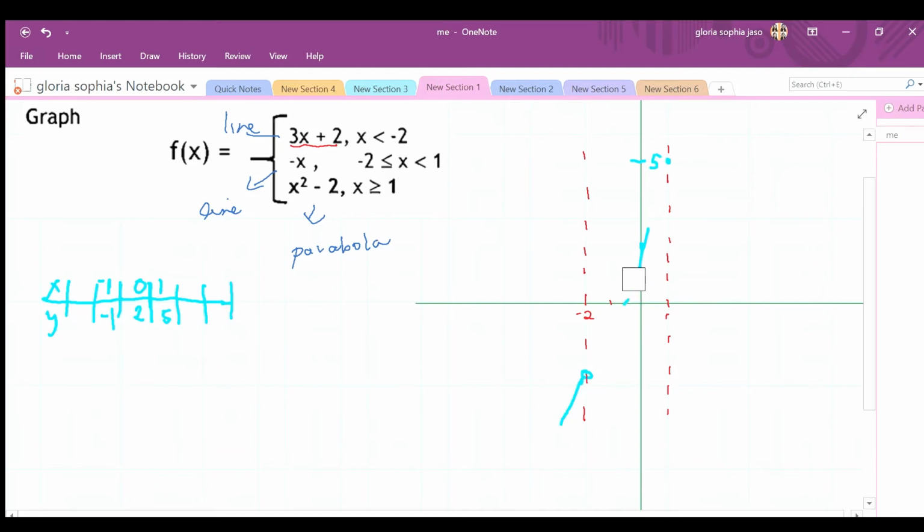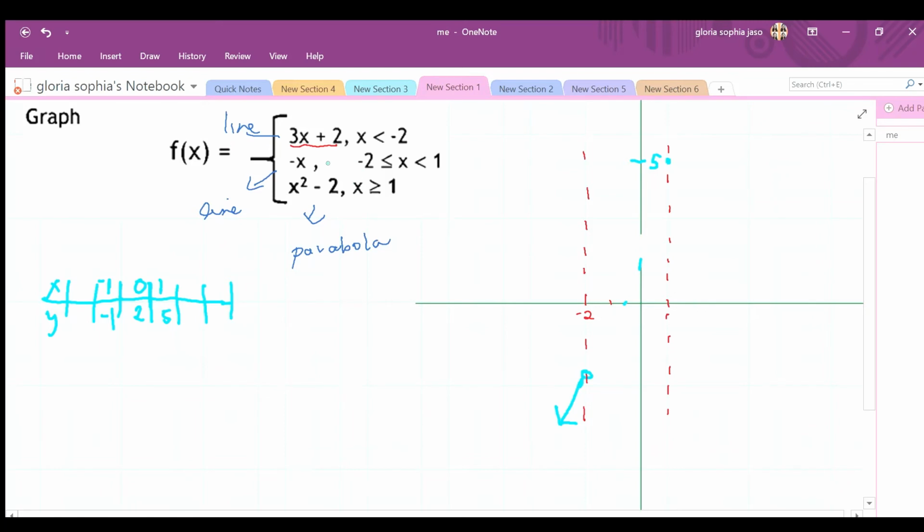Ayan. So, ito yung pinakauna natin na graph.